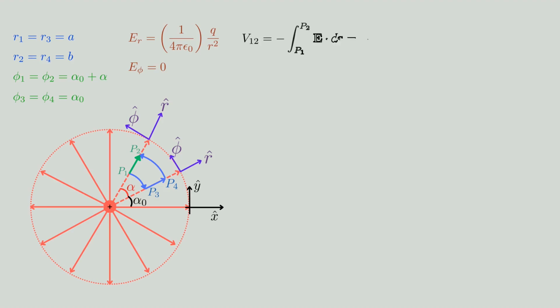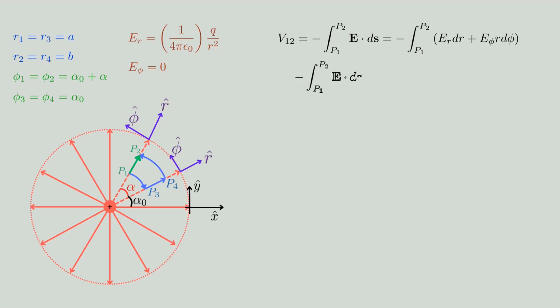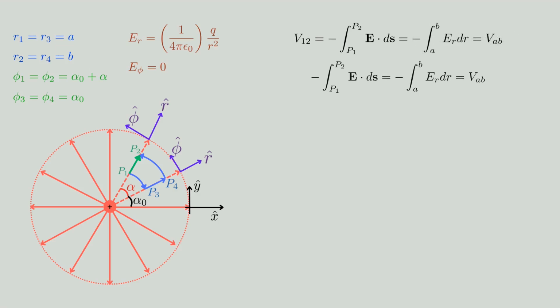For the green arrow path, it's pretty straightforward. Expand the expression for the dot product and execute the integration. Because the angular component, E sub phi, is 0, the contribution comes solely from the radial component, which is this integration. Let's call this V sub AB. Next, let's do the 1, 3, 4, 2 path.